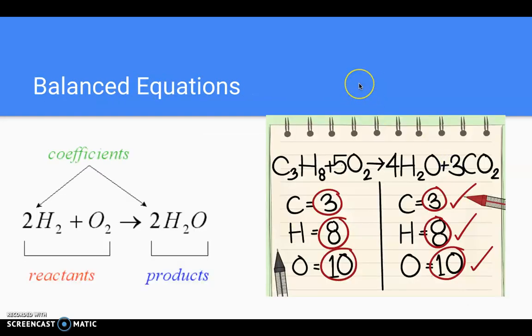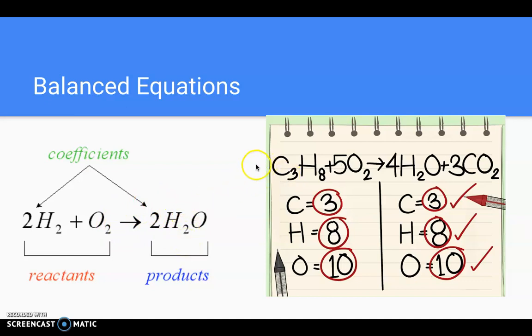Okay, now balanced equations are another model that can prove the law of conservation of matter. In every equation, there's reactants and there's products. This is going to help you with your homework that's due on Friday. So the reactants, we say they race in, or in other words, this is what's being combined, something's starting here. Then the change occurs, which is signified by the arrow, and we have the end result of the products.